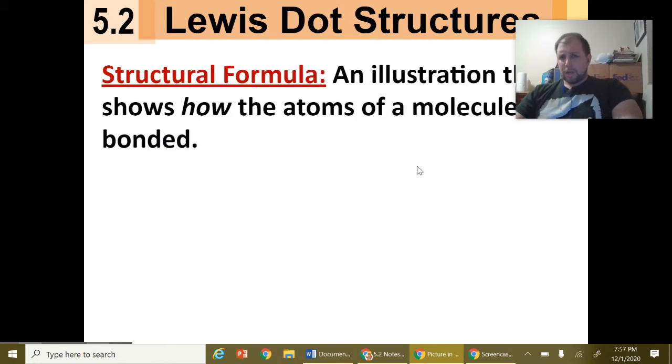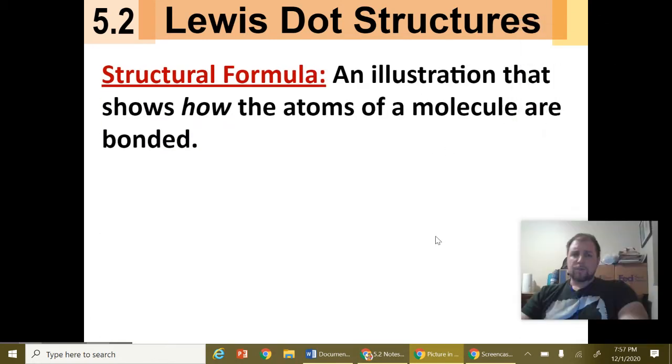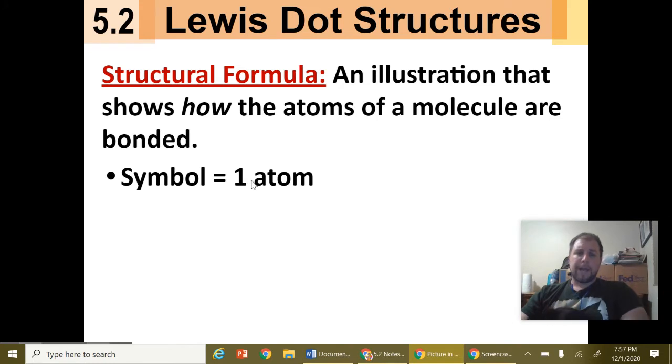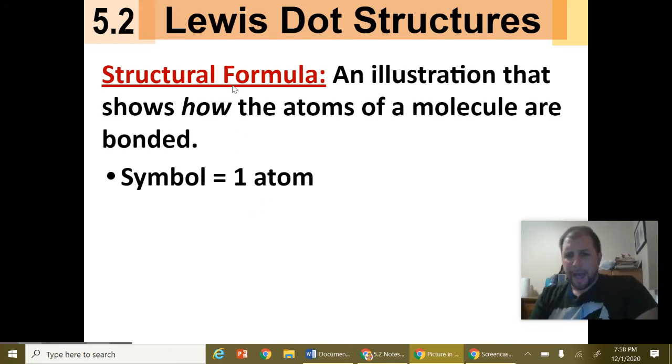The way that we are going to represent molecules in this class is with structural formulas. It is an illustration that shows how atoms of a molecule are bonded. We use one symbol for each atom, the elemental symbol from the periodic table, so an O to represent oxygen, a C to represent carbon, and so forth.